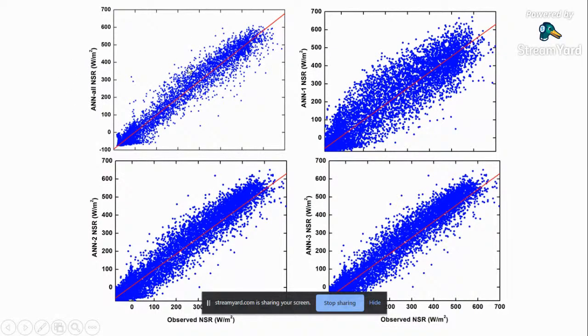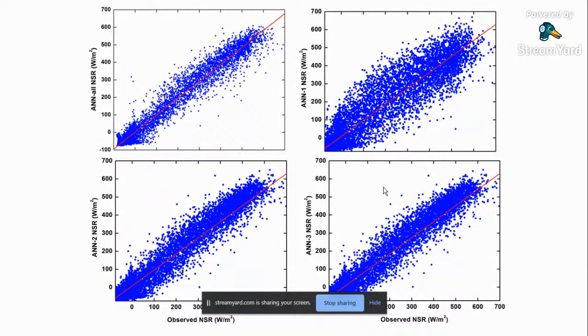In the second scenario, I have eliminated the first parameter. Then this one is for eliminating the second parameter, with the rest all the same. This is for eliminating the third input parameter, with the rest all used. So which gives the best, and which is really important for estimating or computing the net radiation or not.